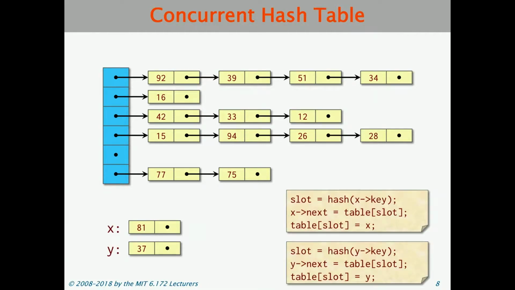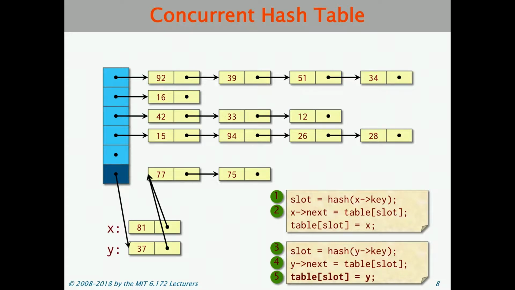So here we have two threads, one inserting X and one inserting Y. X does its thing, it hashes to there, and it then sets the next pointer to add itself into the list. Then there's this other thing going on in parallel, which says, oh, I'm going to hash, oh, we're going to the same slot. It doesn't know somebody's already there. And so it decides it's going to put itself in as the first element of the list.